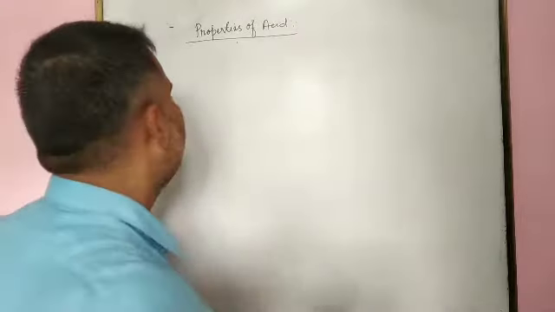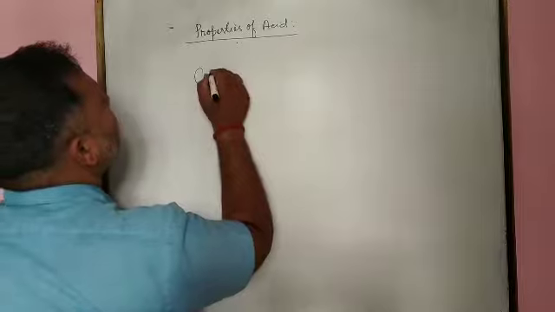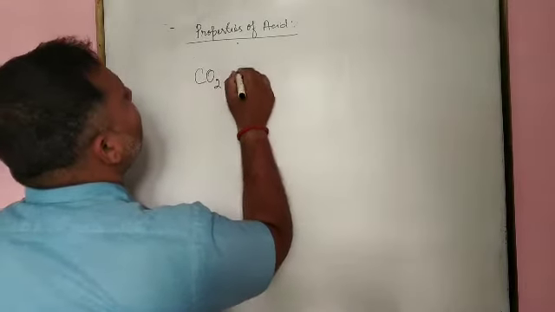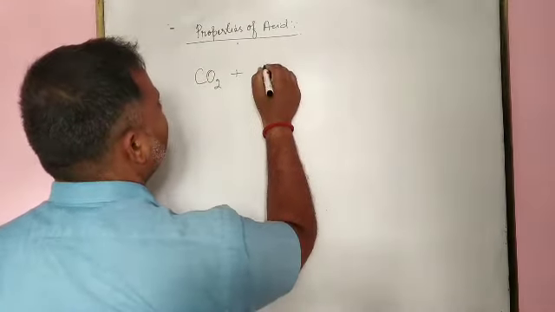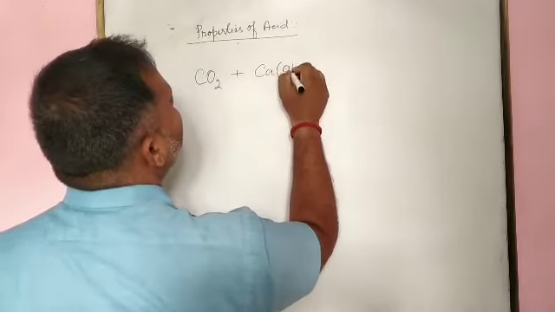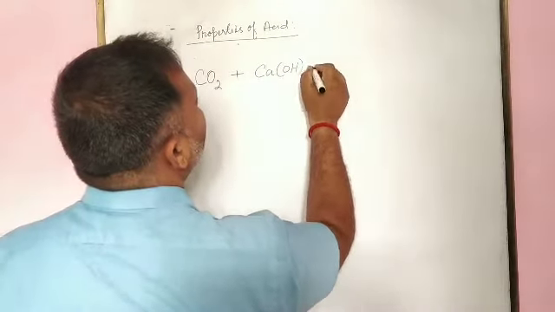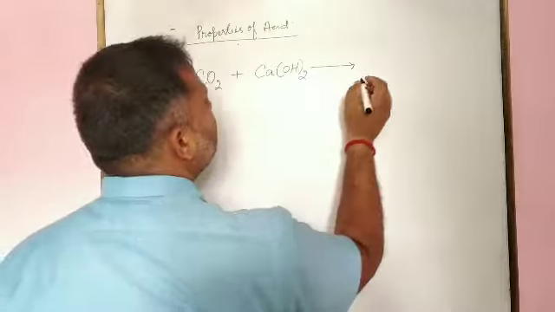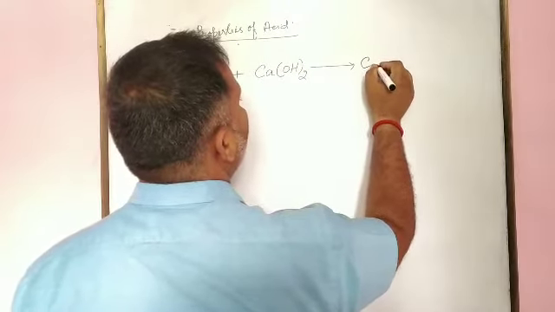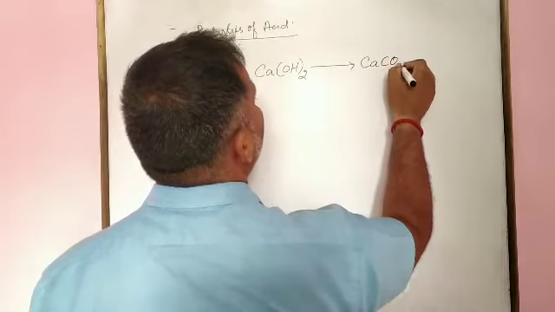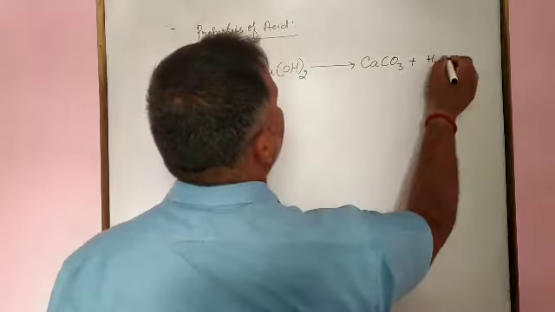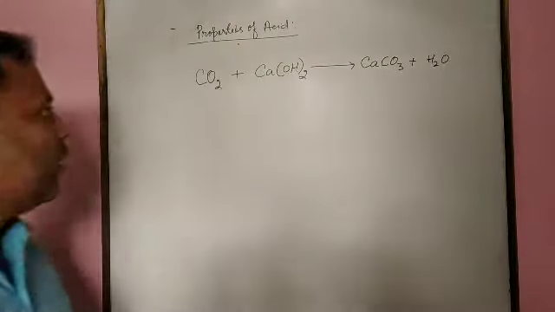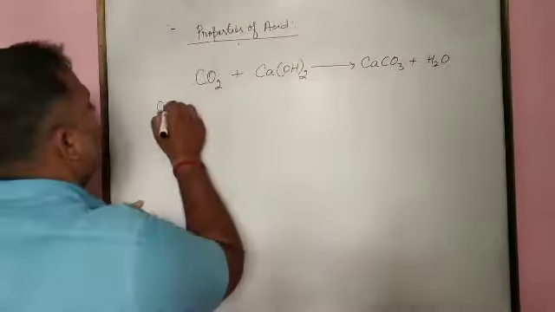When carbon dioxide is passed into lime water, that is calcium hydroxide, then it forms calcium carbonate, CaCO3, plus H2O. This is carbon dioxide.